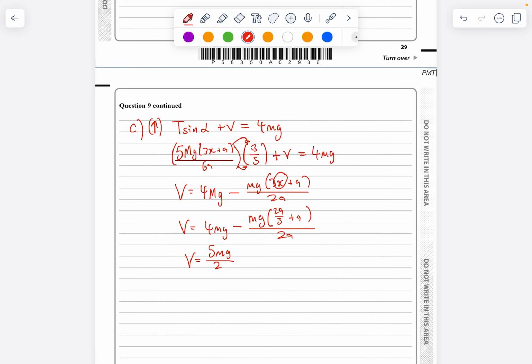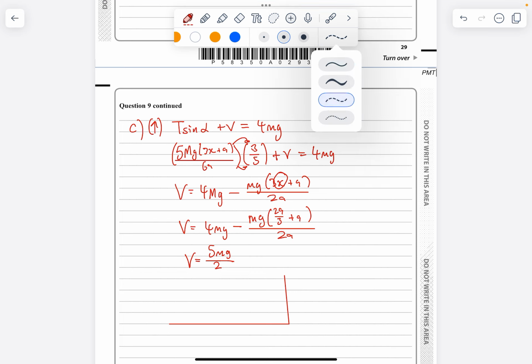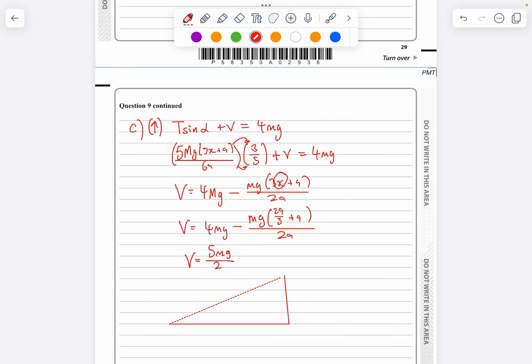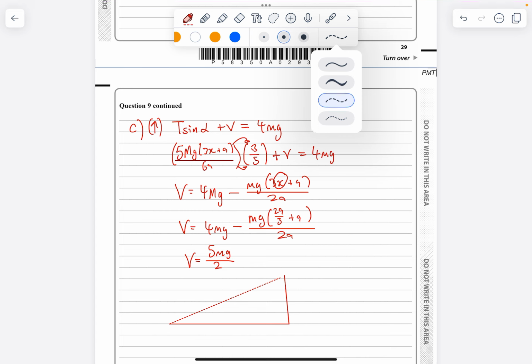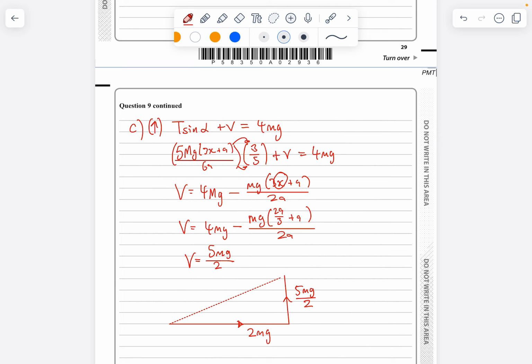So now let's think about this. I've got my horizontal force, I've got my vertical force, and then I've got my diagonal, my resultant force. Okay, so I know now that my vertical force is 5mg over 2. I know that this is equal to 2mg.